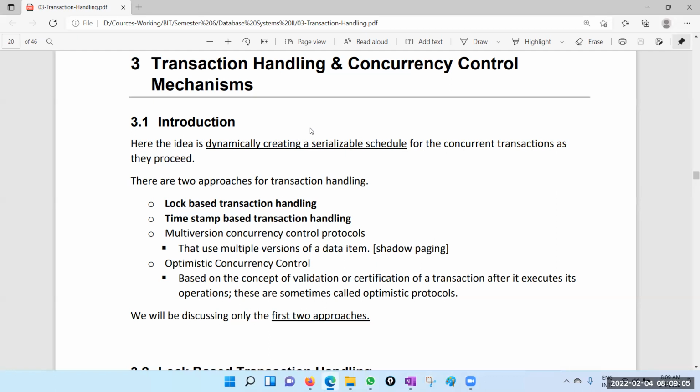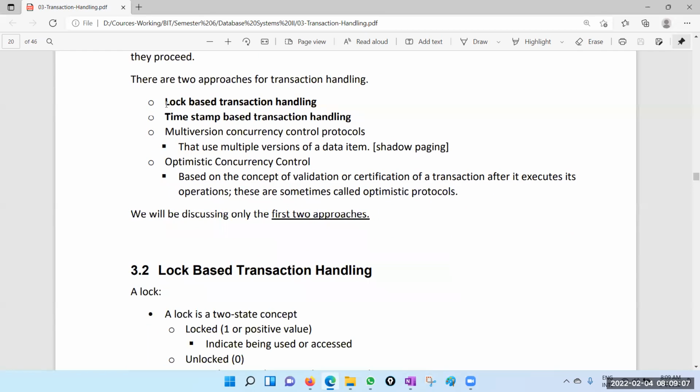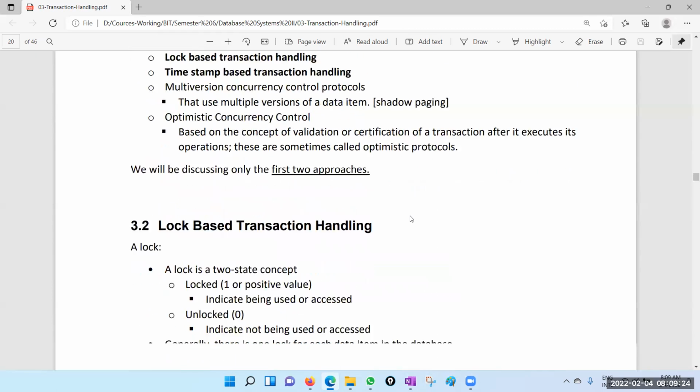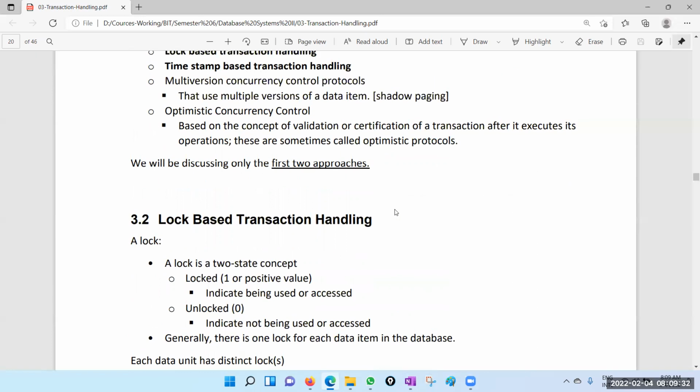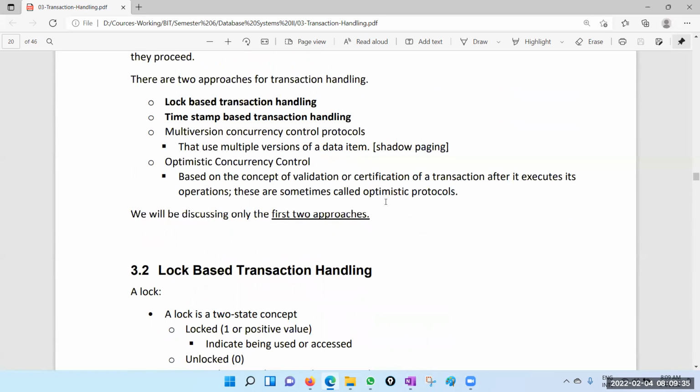So there are two main approaches: the log-based transaction handling and the timestamp-based transaction handling. Those are the two things that we will be covering. But there are some other approaches like multi-version control, optimistic concurrency control, etc. as well. So we'll be discussing the first two. First, we will be discussing log-based transaction handling. In the exam, sometimes they ask log-based, sometimes they ask timestamp-based.